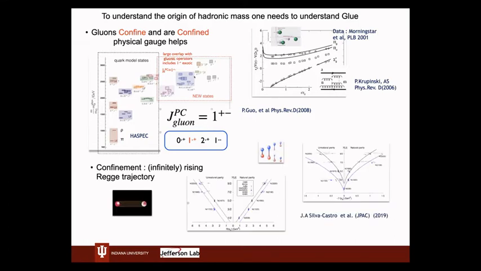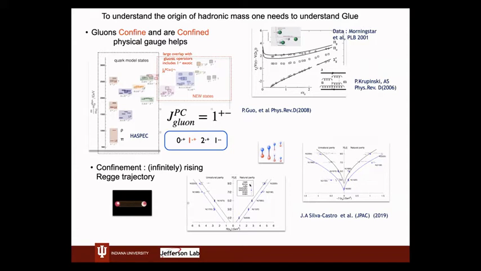So again, this is just a particular path towards understanding what gluons do, how they contribute to the spectrum. Of course, historically, one of the first connections between confinement and data was made through the observation of Regge trajectories, very linear Regge trajectories of both mesons and baryons, which, if they were to rise linearly out to infinity, would correspond to essentially a rigid string rotating between a quark and an anti-quark.